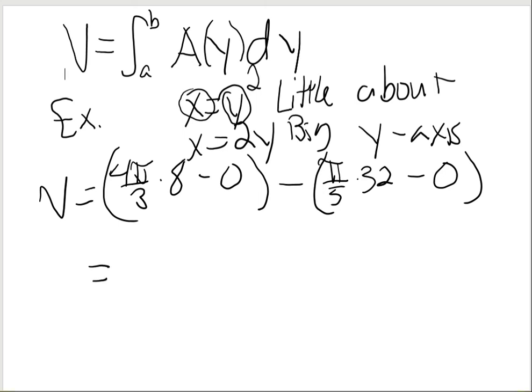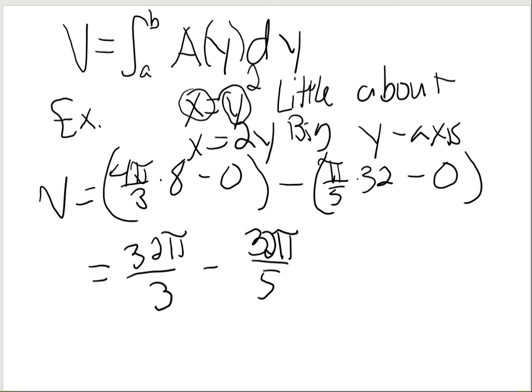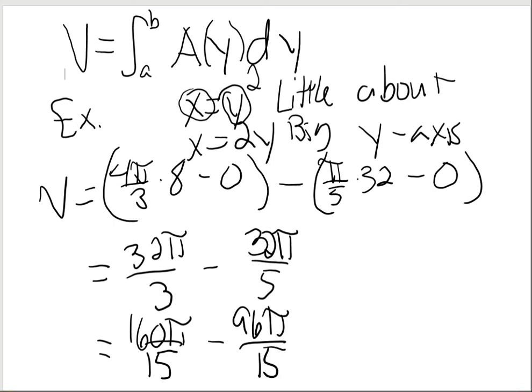So we get 32 pi over 3 minus 32 pi over 5, or 160 pi over 15 minus 96 pi over 15, which gives us a final answer of 64 pi over 15. And that is our volume.